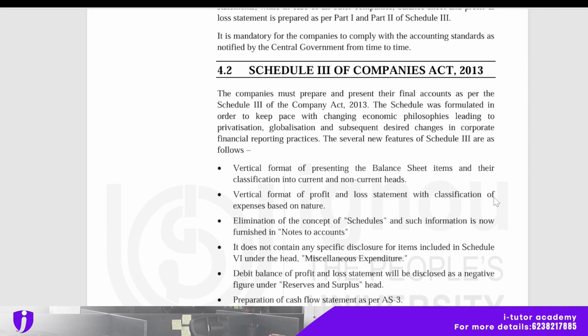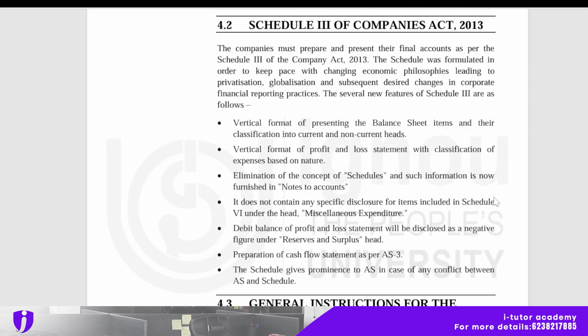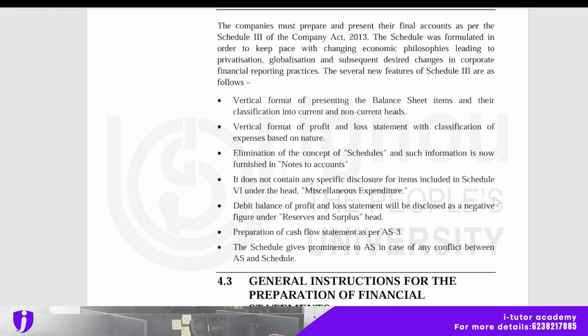The several new features of Schedule 3 are as follows: vertical format of presenting the balance sheet items and their classification into current and non-current heads, and vertical format of profit and loss statement with the classification of expenses based on nature.